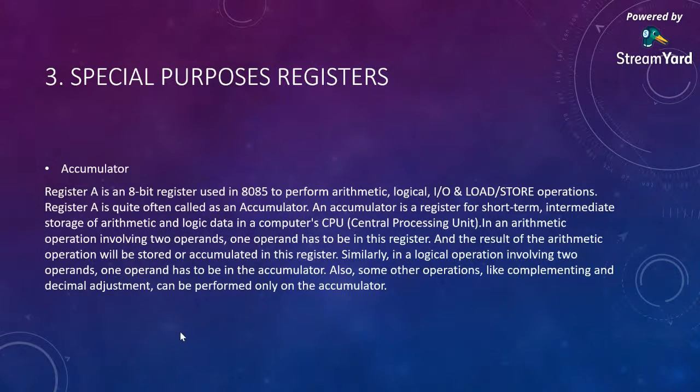For example, if there is a logical operation involving two operands, one operand has to be the accumulator. Also, some other functions like complementing and decimal adjustment are performed, and these always use the accumulator because the accumulator is designed as such.